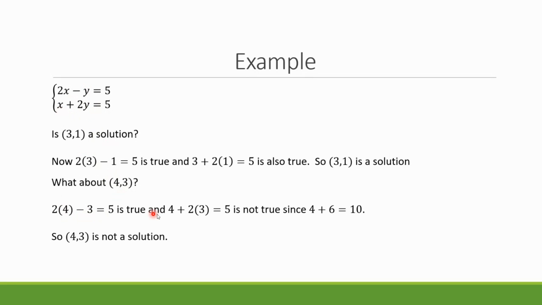If we plug this into the second equation, do we get a true statement? If x is 4 and y is 3, we have 4 plus 2 times 3, which is 4 plus 6. Is that going to be 5? Well, no, because we get 10, and 10 is not equal to 5. So this is not a solution to the system.